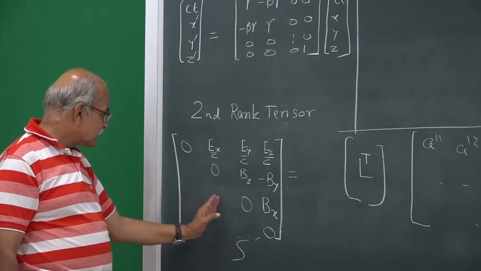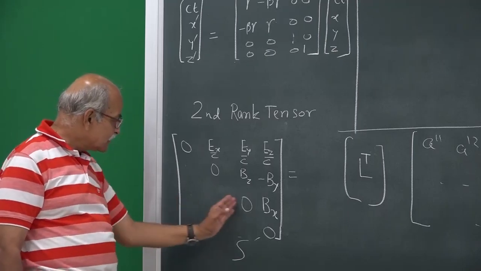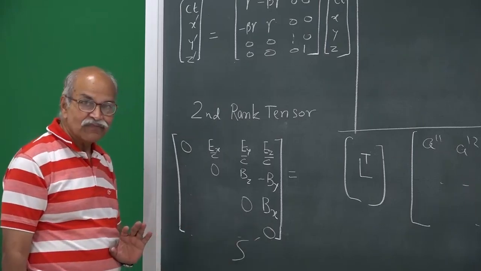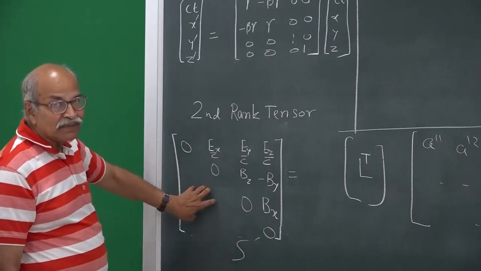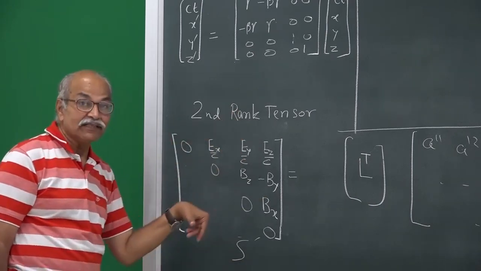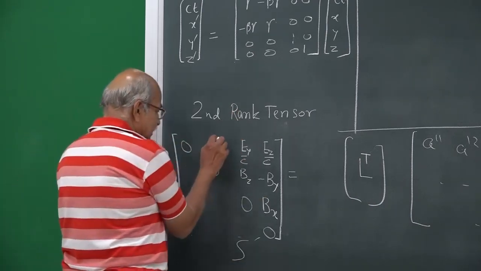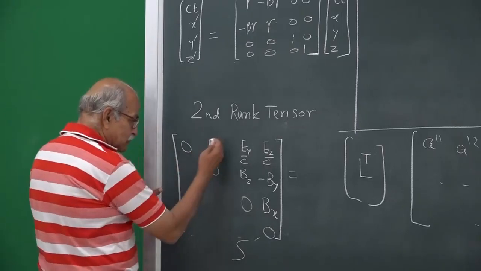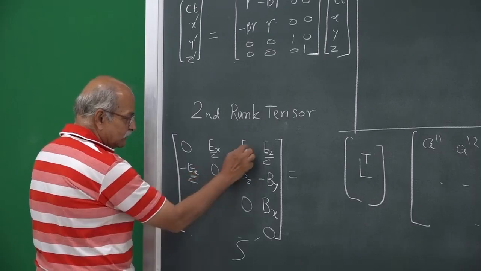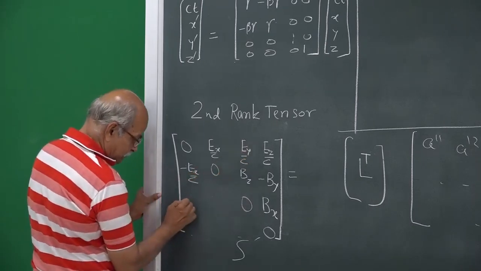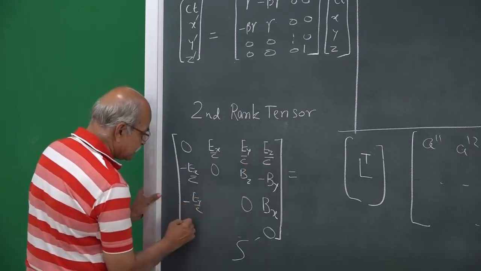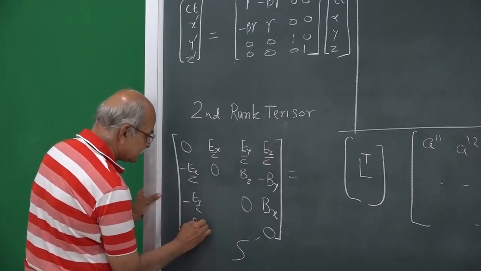In the third row, third element is 0, then Bx, and in the fourth I have written 0. To write the remaining components, you just reflect these things in the diagonal and change the sign. So, it is Ex by C here, you reflect, you get minus Ex by C here. You have Ey by C here, you get minus Ey by C here. You have Ez by C here, so you write minus Ez by C here.